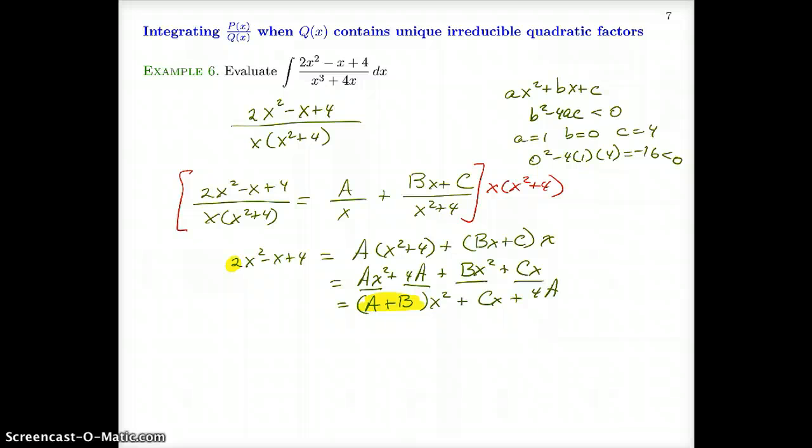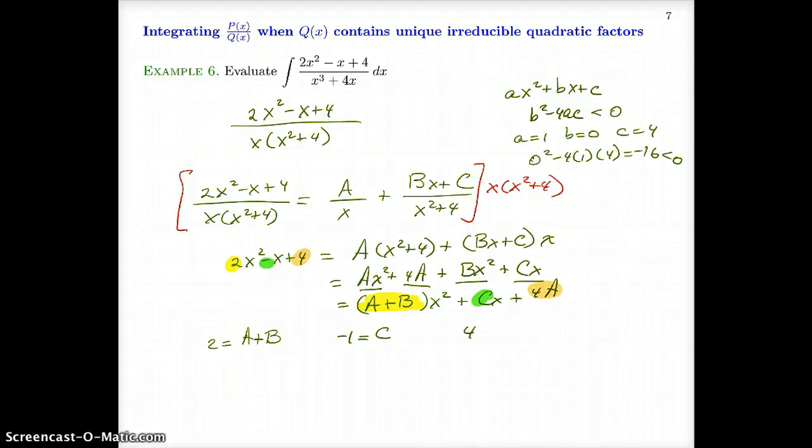So I can write 2 is equal to a plus b. And similarly, if I look at the x terms, I've got a minus 1 in front of x there, and I've got a c in front of x there, so that means minus 1 equals c. So c is minus 1. And then, let's see, let's use this color. We've got a constant of 4, and that should equal a constant over there, which is 4a.